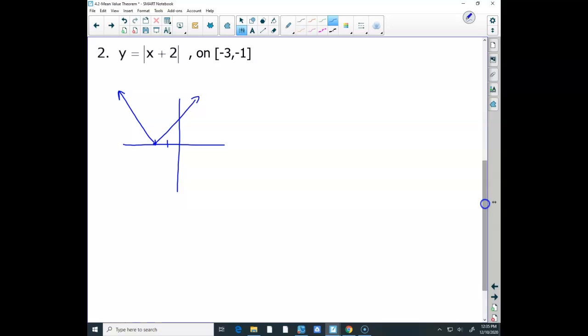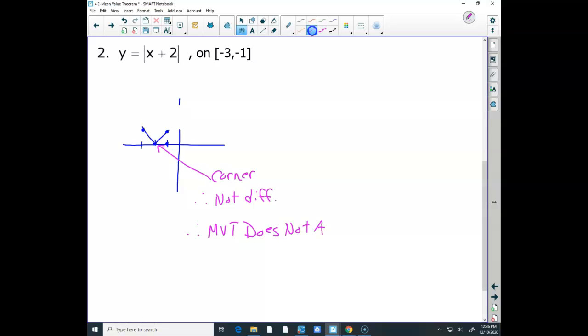I want to know between here and here, is it continuous? Well, yeah, it's continuous on that interval. But is it differentiable? It is not differentiable. That is a corner. Therefore, not differentiable. Therefore, the mean value theorem does not apply.